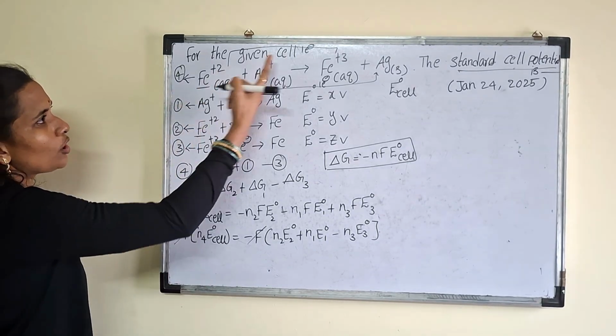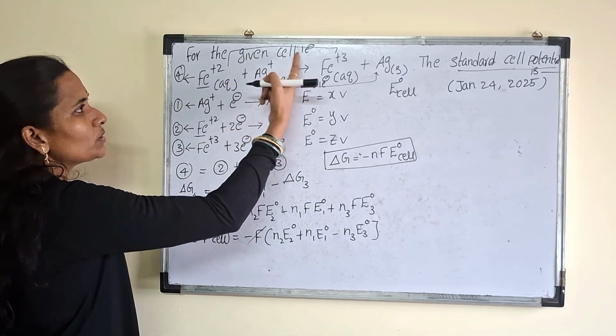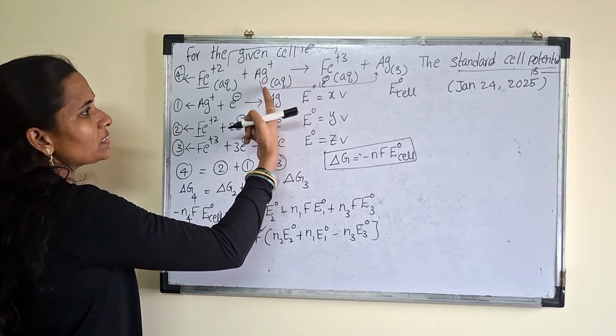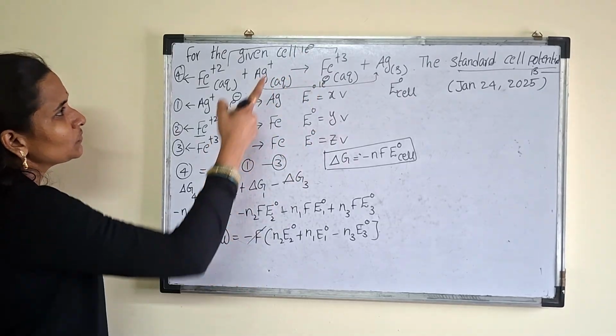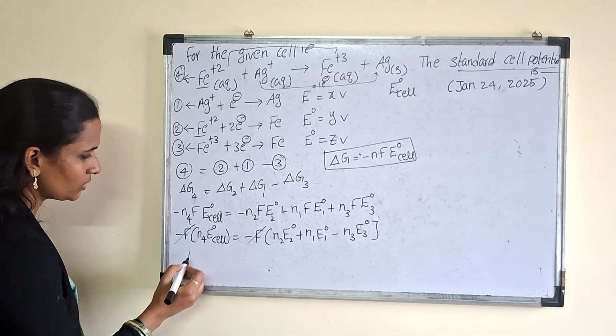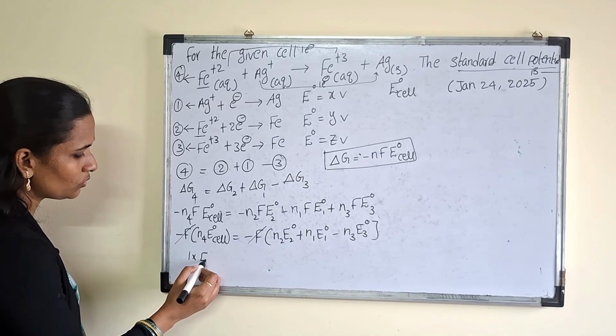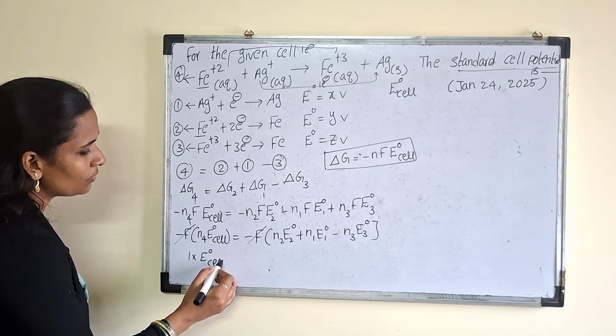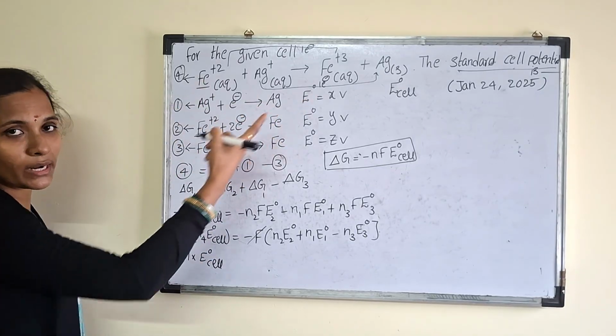In this fourth equation Fe2+ becomes Fe3+, which means Fe2+ loses 1 electron. Or otherwise, Ag+ gains 1 electron and becomes Ag. So only one electron is involved in that reaction. So N4 is 1, and E naught cell is what we are calculating, the standard cell potential for that reaction.